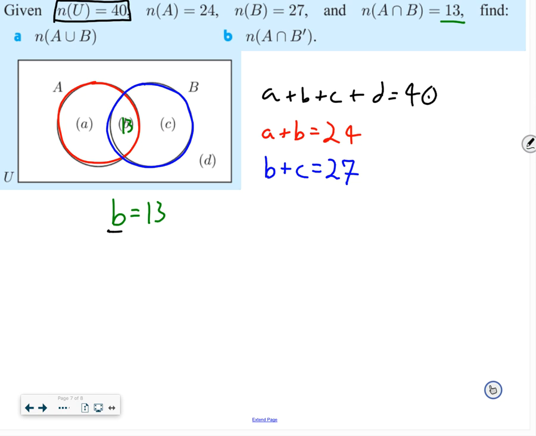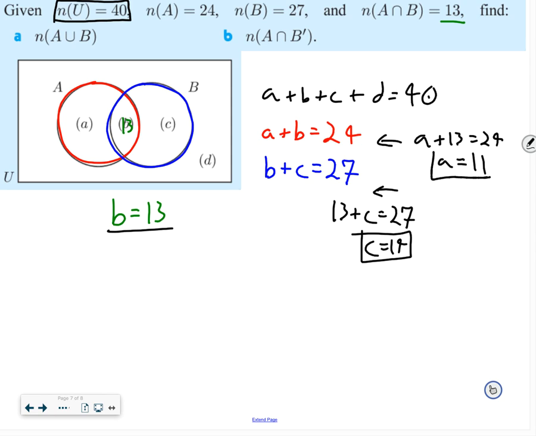If B is equal to 13 and I plug it in here, I see that A plus 13 is equal to 24, so A must be equal to 11. Using similar logic, now B is 13, so 13 plus C is equal to 27, so C must be equal to 14.